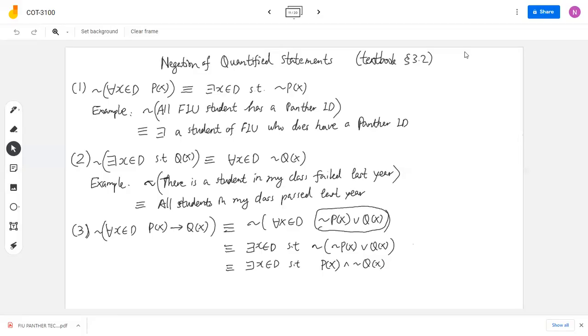Let's see if it makes sense. So let's see an example. My statement is all students that are good at math must be good at programming.